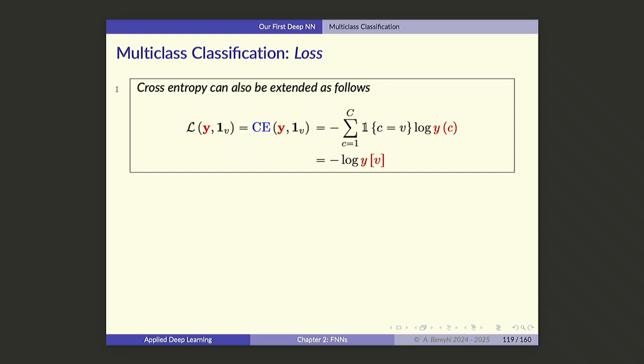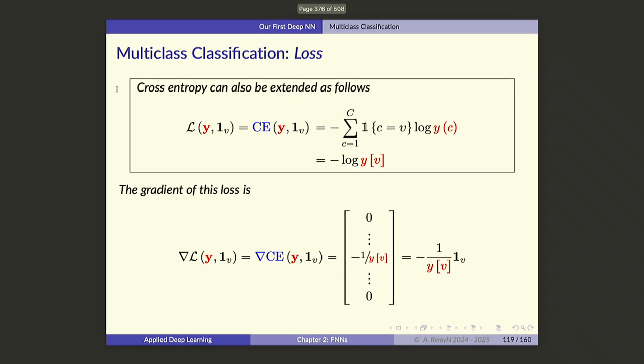Now again, can I compute the gradient of this with respect to y? I can do it, right? So say that the true label you see here is 3. What is the partial derivative of this with respect to y1? 0. y2, 0. y3, minus 1 over y3. y4, 0 again, and so on, right?